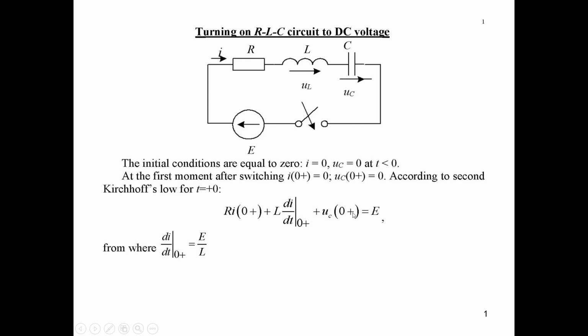And we have such initial conditions for t less than 0, and we write down the second Kirchhoff's law for this loop for the moment t equal to plus 0. It is here, and from here we obtain the equation for the derivative of current by time for the first moment after commutation.